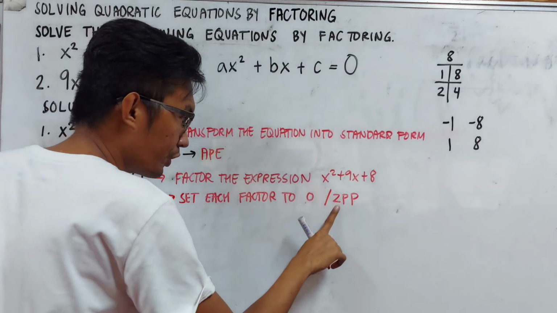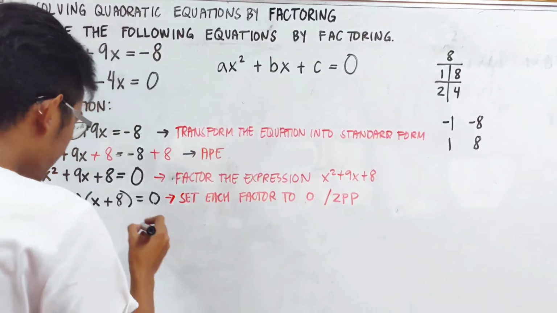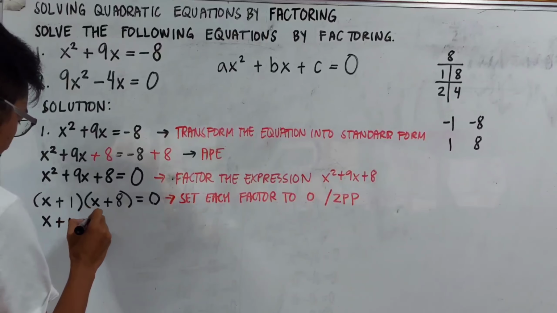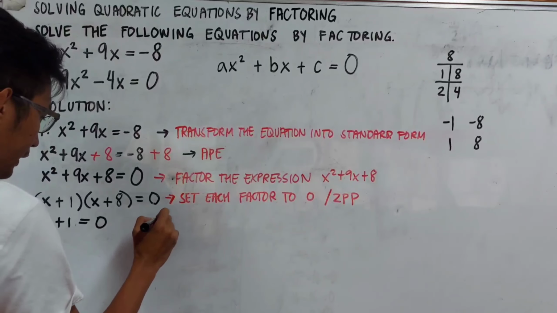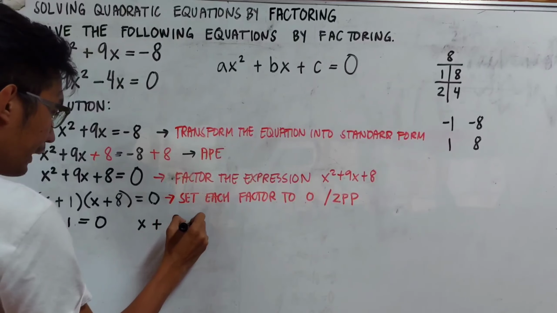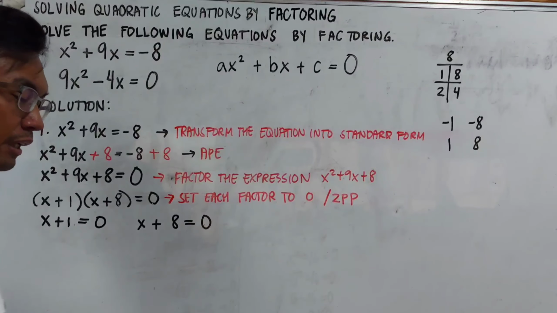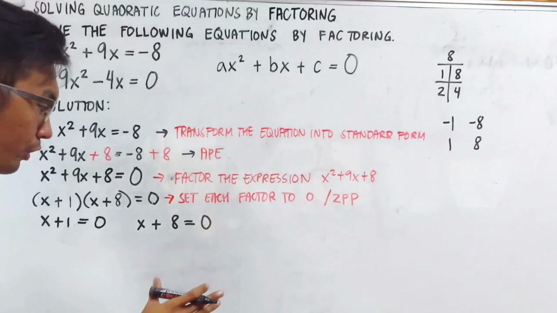Again, this is zero product property. We have now x plus 1 equals 0. And then we have x plus 8 equals 0. Then, ang gagawin natin, solve the resulting equation.